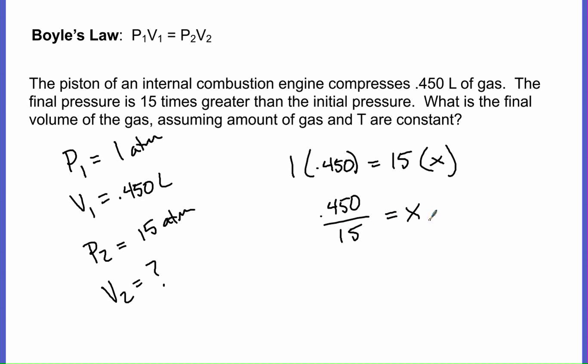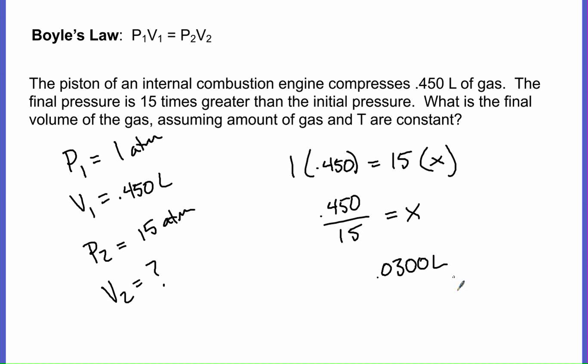So 0.450, use my calculator real quick, divided by 15 gives me 0.03. Now, I should be careful here. The 1 and 15 aren't supposed to affect sig figs because I made those numbers up. There are 3 sig figs in the 0.450, so I actually know with 3 sig figs that it's 0.0300, right?